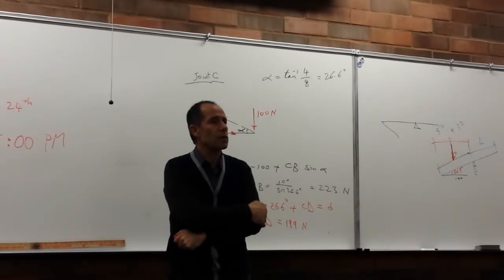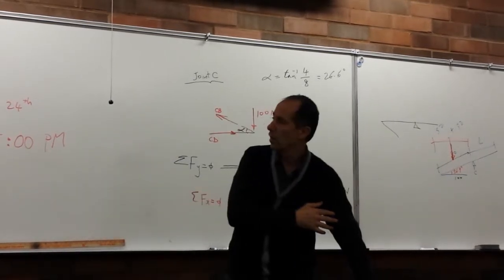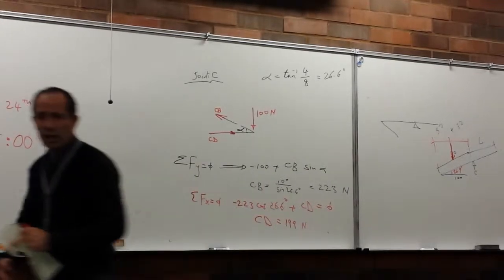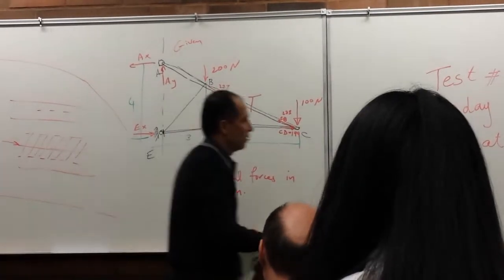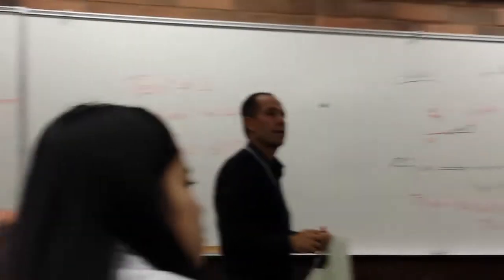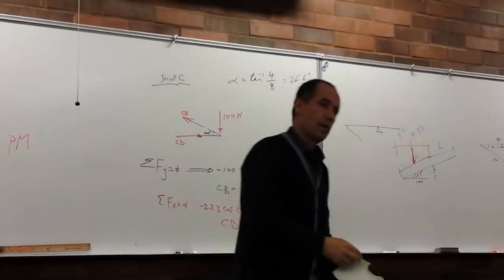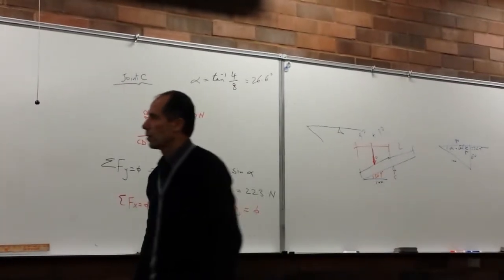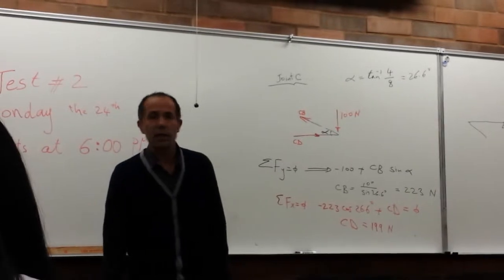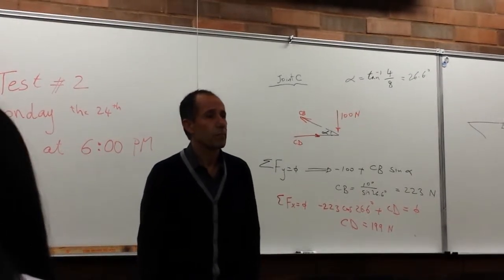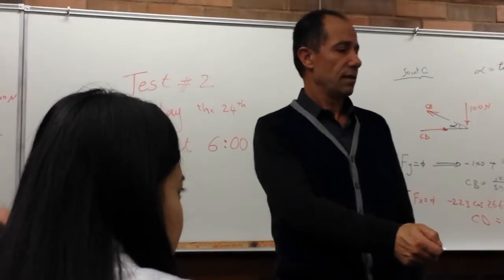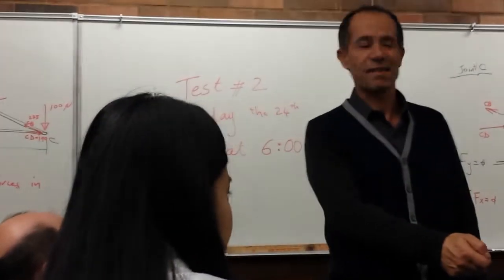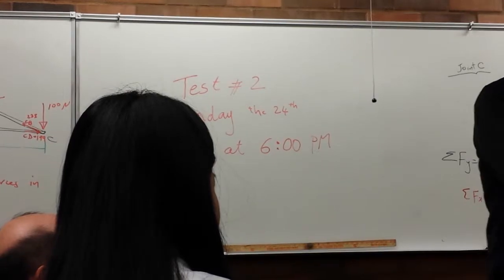Which is the following joint now? D. Why D? Because here, D has two elements. I know the third. Wait, I don't understand why the 199 is going this way at B. Why isn't it going the other way? Okay. Do you have a rubber band? I don't carry a rubber band. Do you have a scissor? Do you have a knife? Hold it.